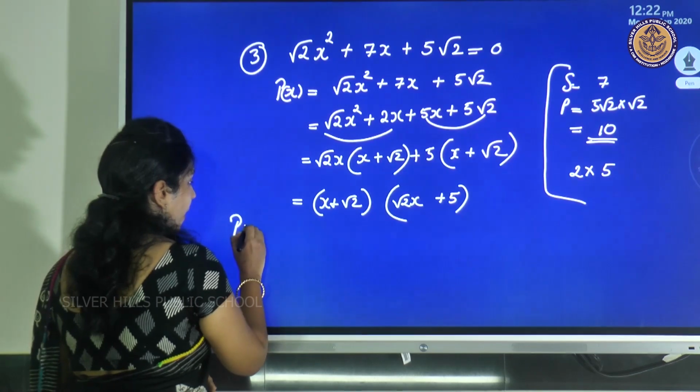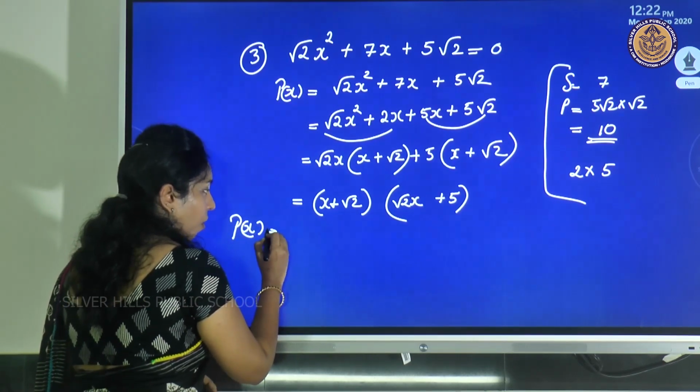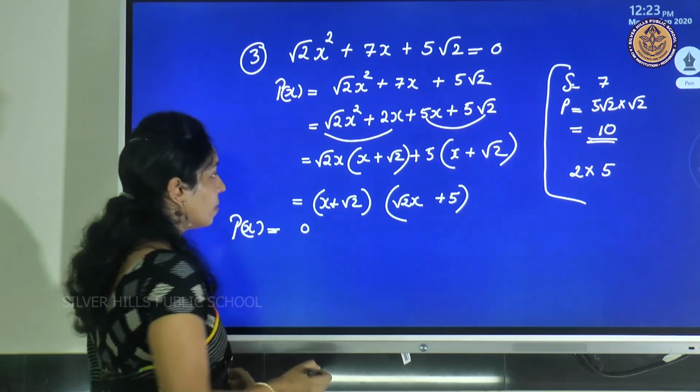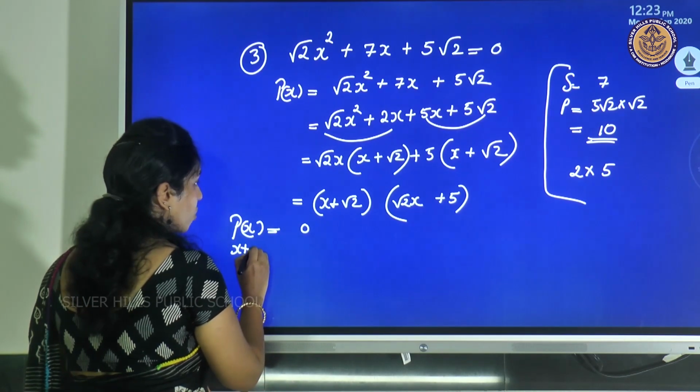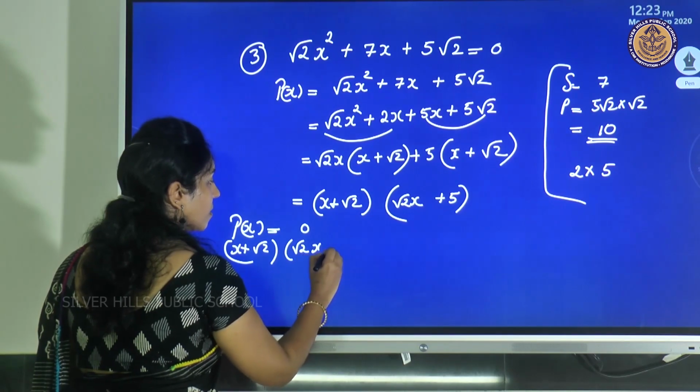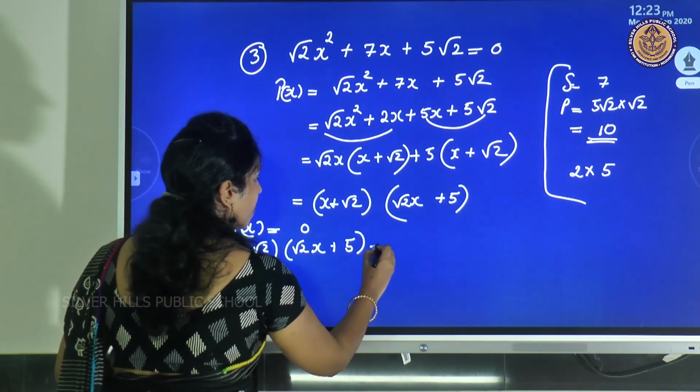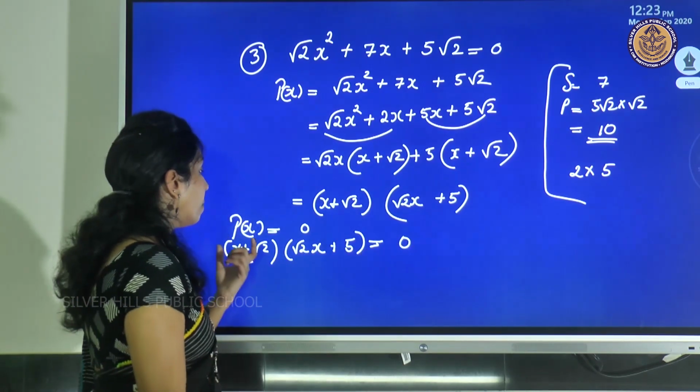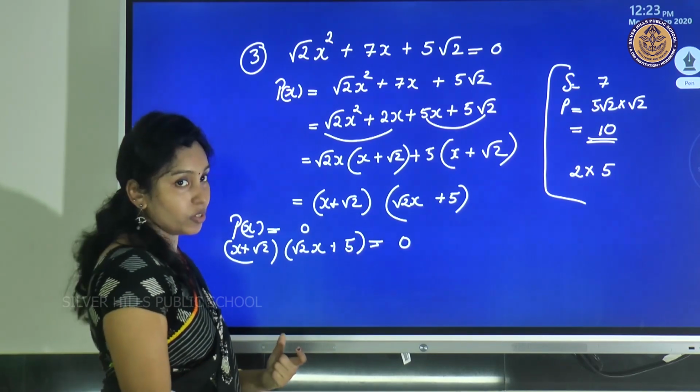Now, let us equate this to 0. p of x equal to 0 means x plus root 2 into root 2x plus 5 equal to 0. Product of two things equal to 0.